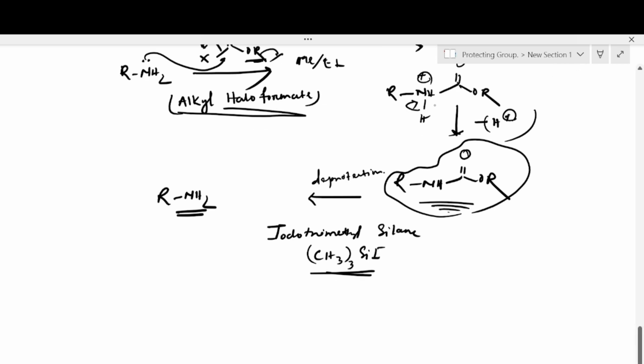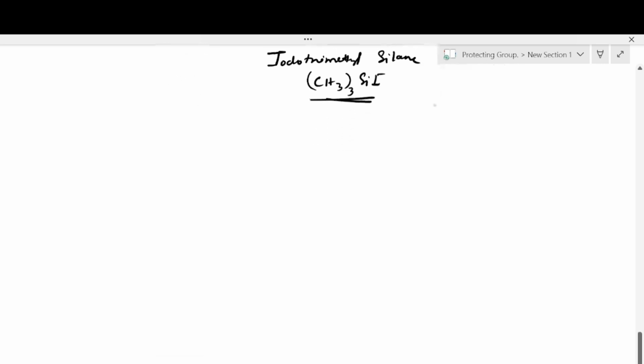So there are two most famous examples of carbamate protecting groups. One is your CBZ, and another is BOC protecting group.